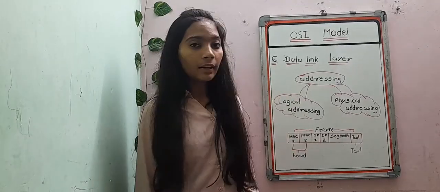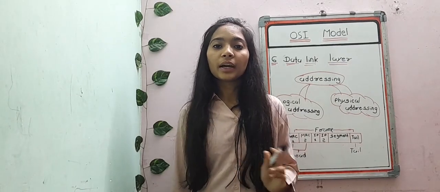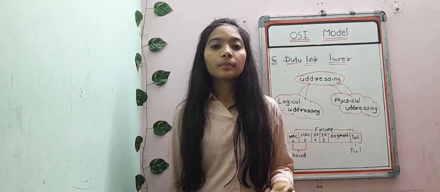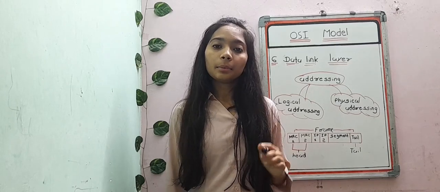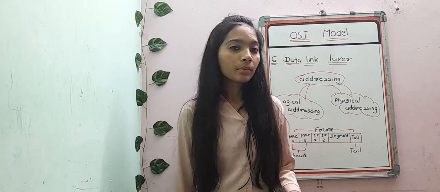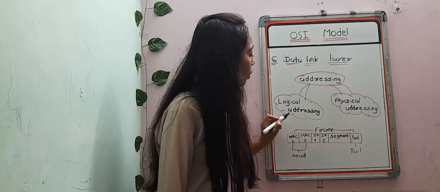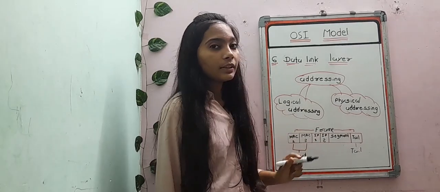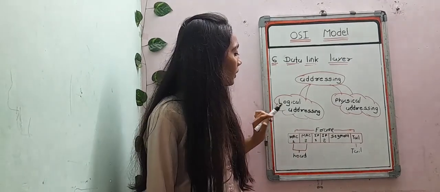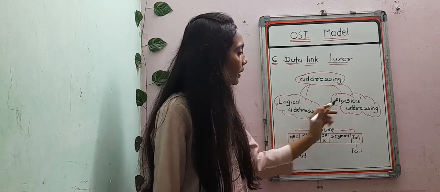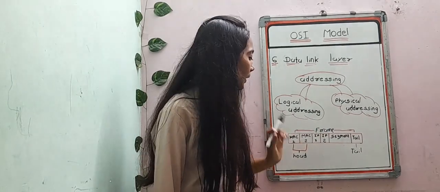Sixth is the data link layer. The data link layer receives packets from the network layer, which contain the IP address of the sender. There are two types of addressing: logical addressing and physical addressing. The logical address is the IP address and the physical address is the MAC address.